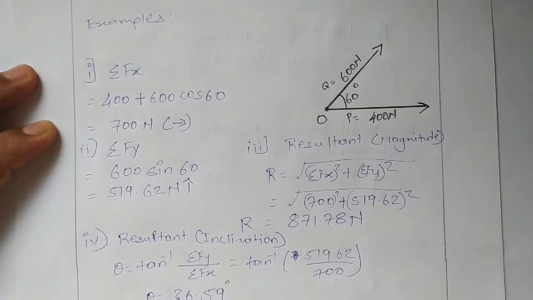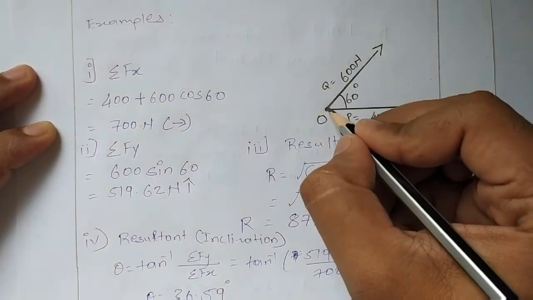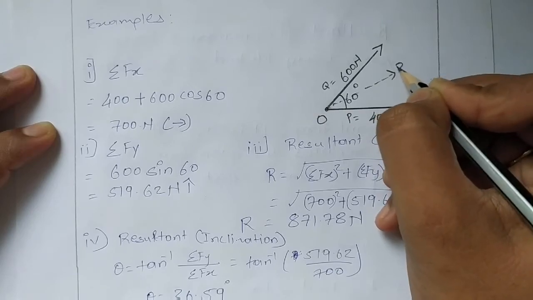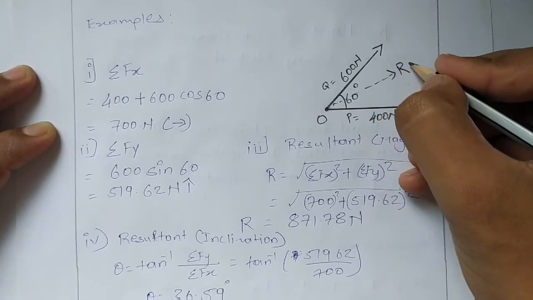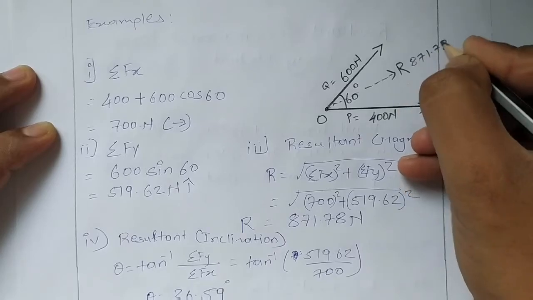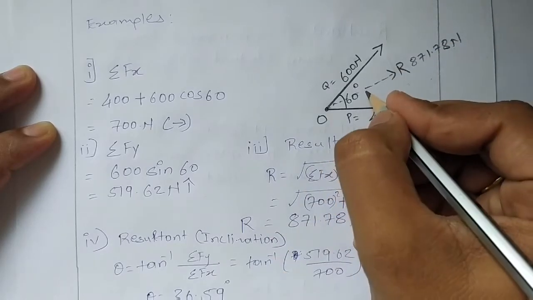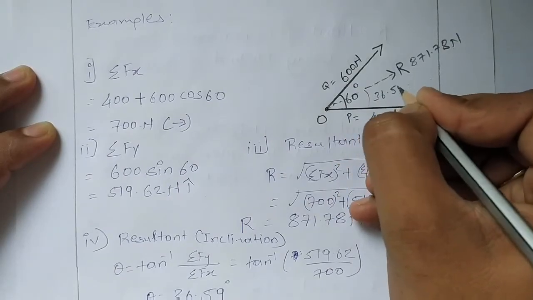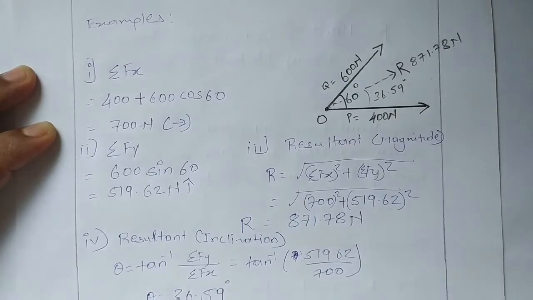Again, as I told, theta is the angle made by the resultant with the horizontal x-axis. So the resultant R can be shown in this direction, having a magnitude 871.78 Newton at 36.59 degrees to the horizontal.